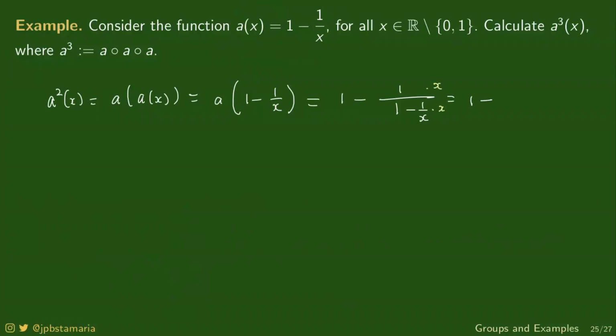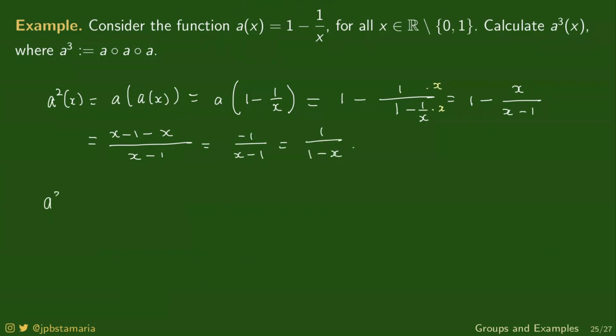Ganyan. Mangyari x over x minus 1. Tapos, x minus 1, x minus 1 minus x. Or you can write 1 over 1 minus x. That's a squared of x.